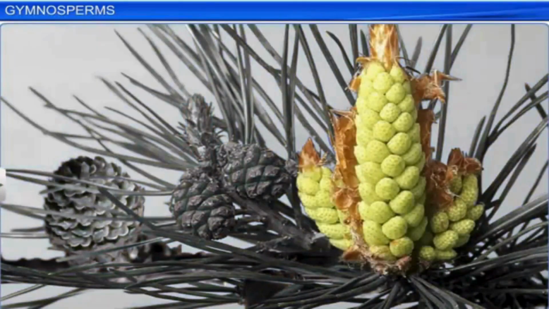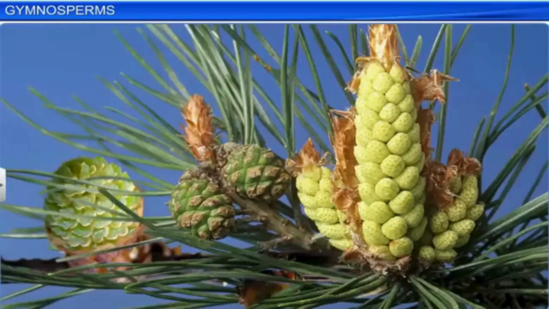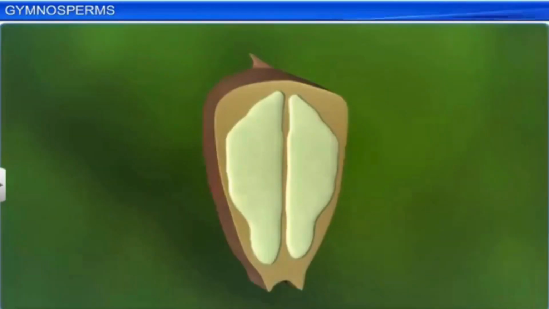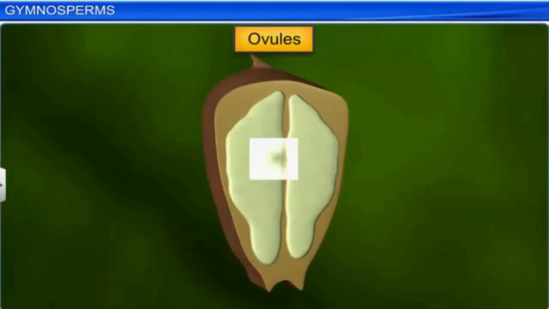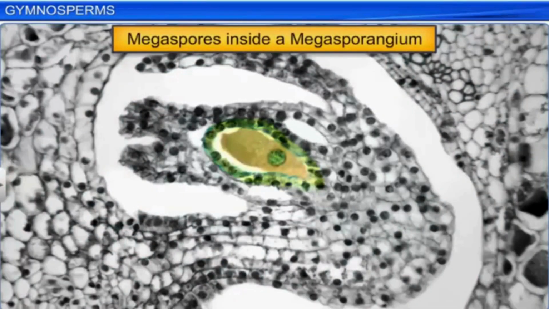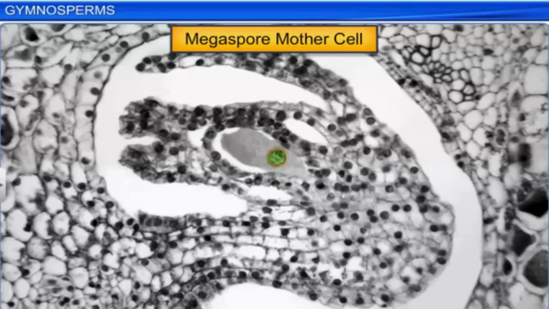Another name for male strobili is microsporangia. The female strobilus is a cluster of megasporophylls which bears ovules containing the megasporangium or nucellus. The megasporangium, surrounded by a layer of envelopes, produces haploid megaspores and a megaspore mother cell which looks distinctly different from the other megaspores.